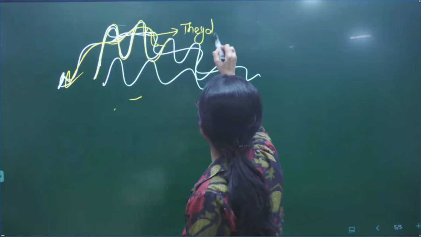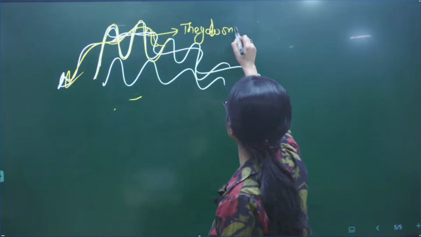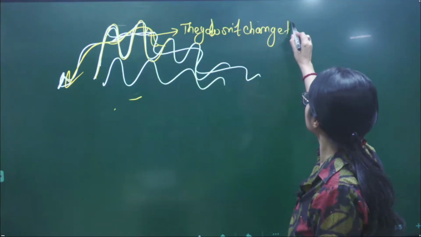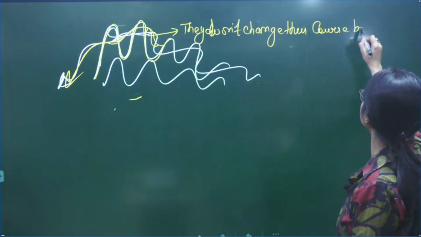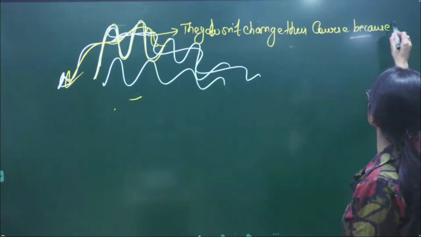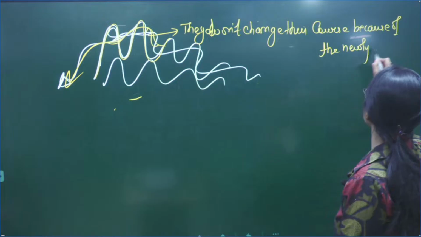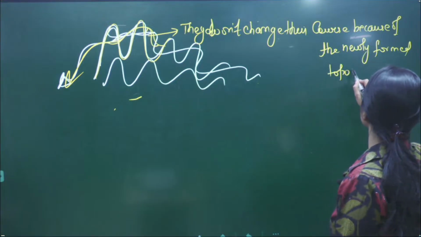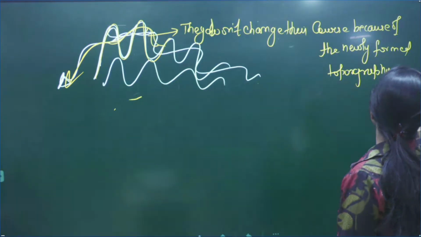If somebody wants to write, they can write in a simpler manner. They won't change their course because of the newly formed topography in the region.